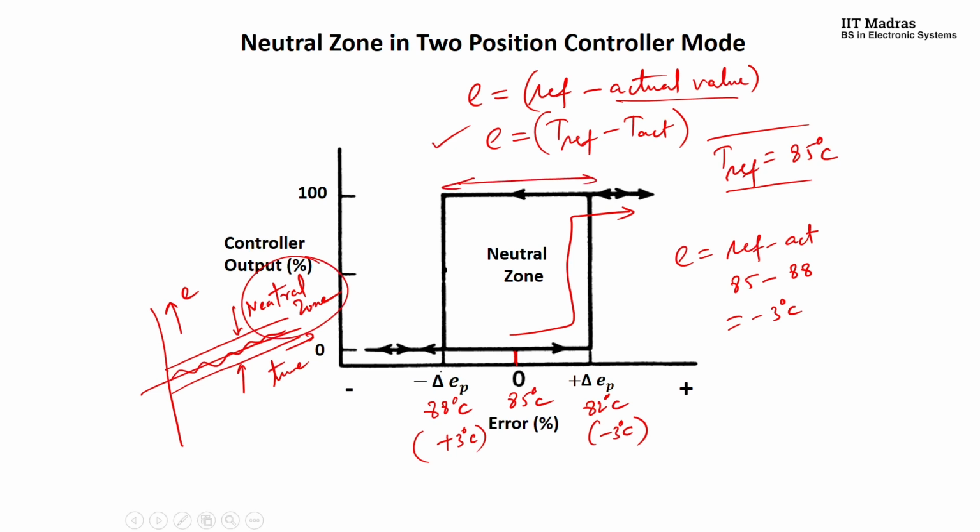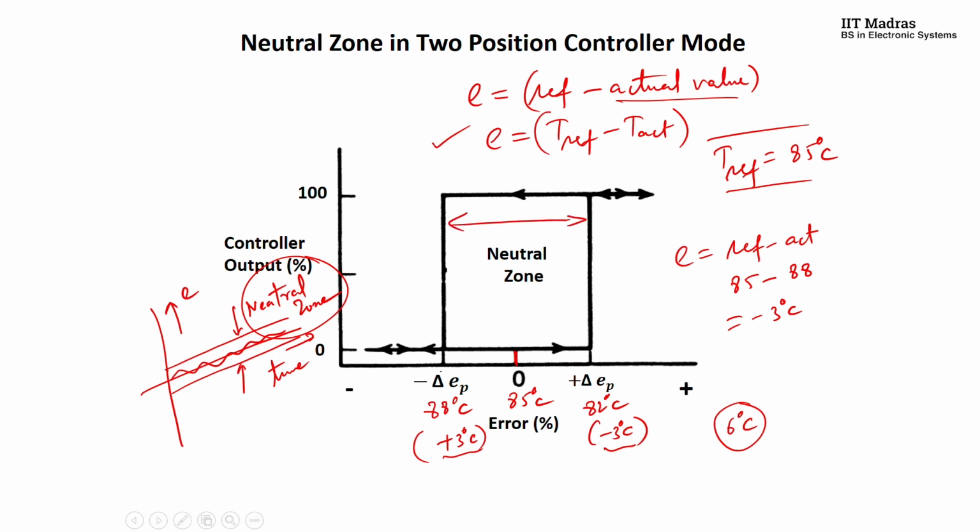So how much is the neutral zone here? Let's say I have assumed here minus 3 degrees to plus 3 degrees. So 6 degrees Celsius is the neutral zone here. In this 6 degrees, that means you start with an error of minus 3 degrees to an error of plus 3 degrees, you do not take any control action.